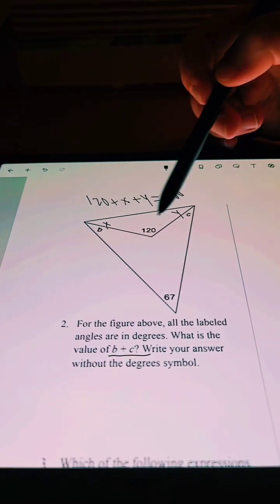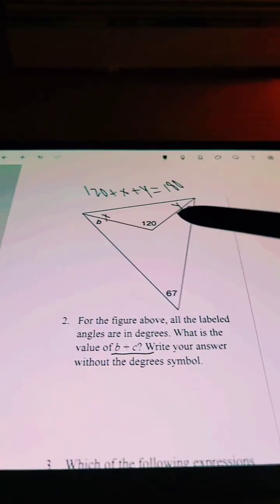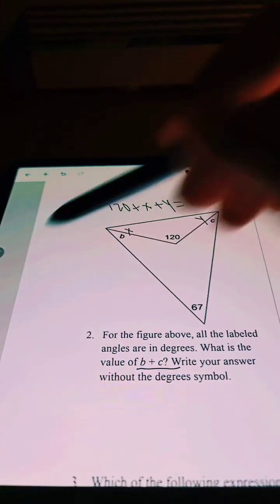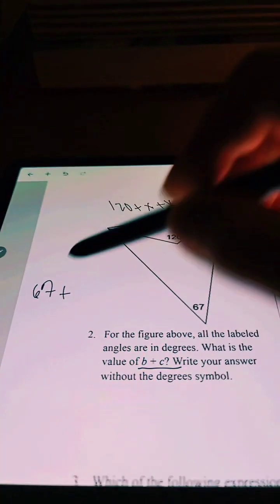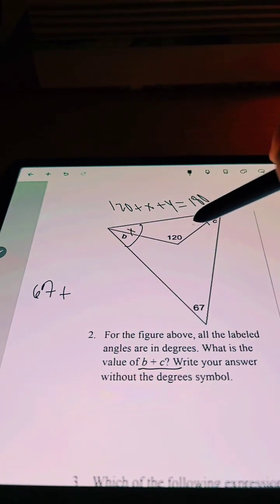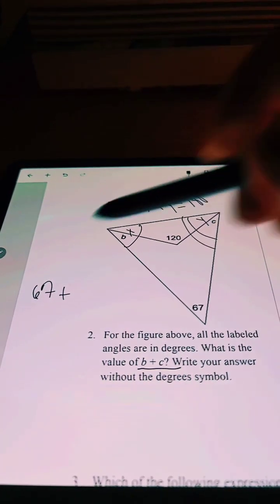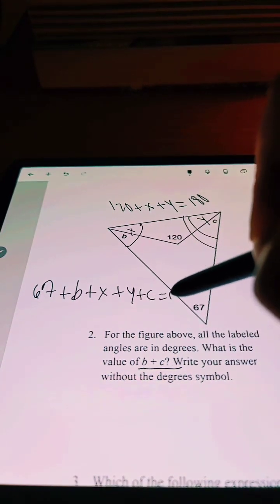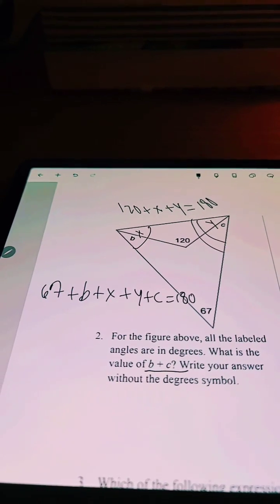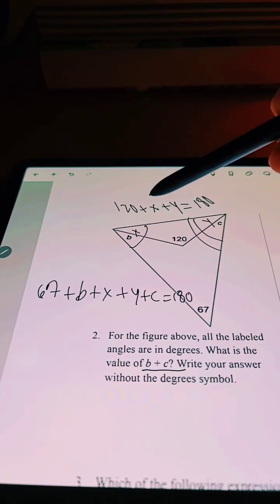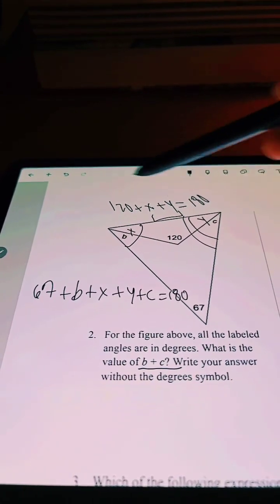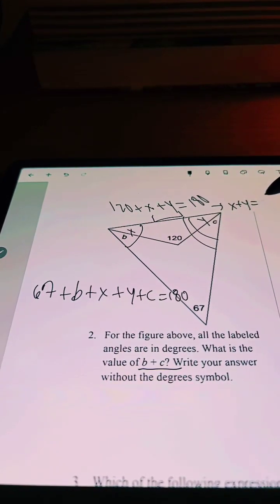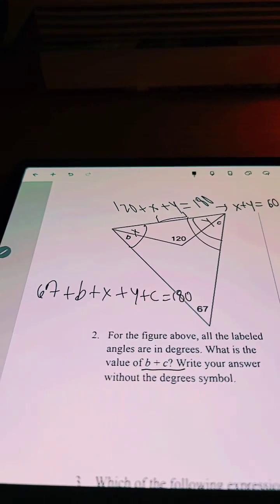It also means that 67 degrees, plus this whole entire angle and this whole entire angle right here, should get us 180 degrees. If we want to isolate X plus Y, all we have to do is subtract 120 from each side, so X plus Y is equal to 60.